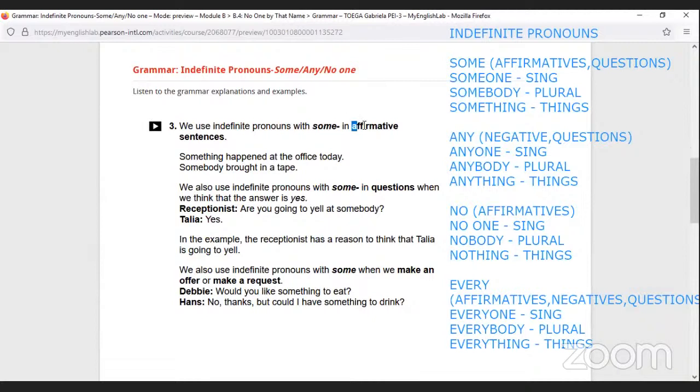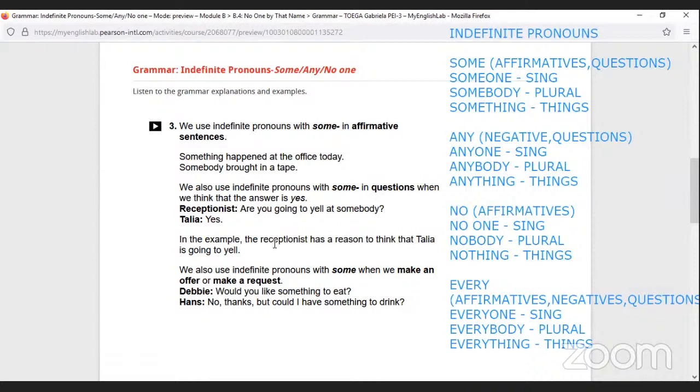Some we use for affirmative sentences and in questions. Affirmatives: we think something happened at the office today. Somebody brought in a tape. As you can realize, we could use these with all the tenses, for example present, past, perfect, future.